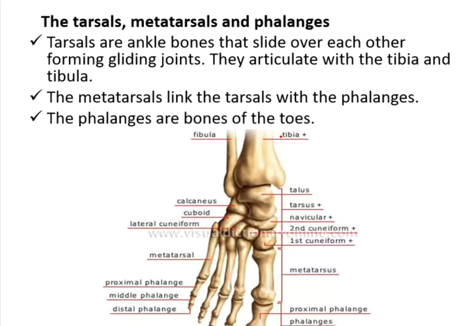Just like the carpals, metacarpals and phalanges in the forelimb. You can see the tibia here articulating with the tarsals here. Also the fibula is here articulating with the tarsals. Then you have metatarsals. Then in the lower end we have phalanges.